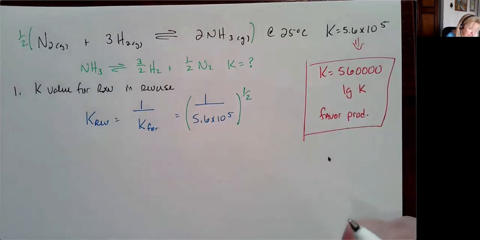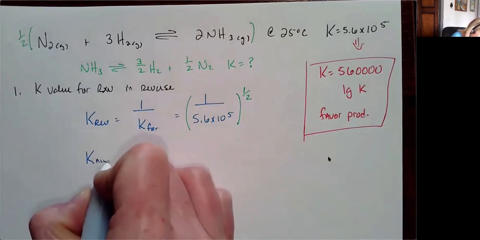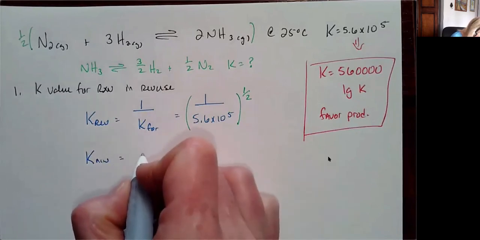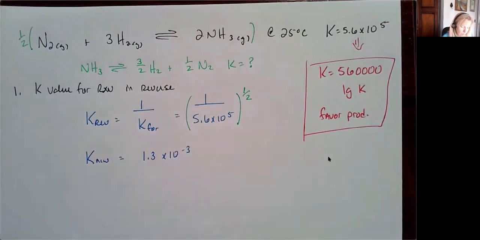I take my K original to the n for my new equation, and it is going to equal 1.3 times 10 to the minus third. So I applied relationship 1 and relationship 2. We will stop here and pick up with part 1b in the next video.